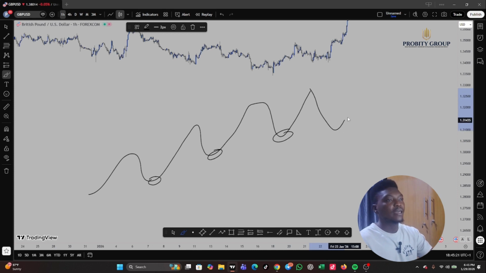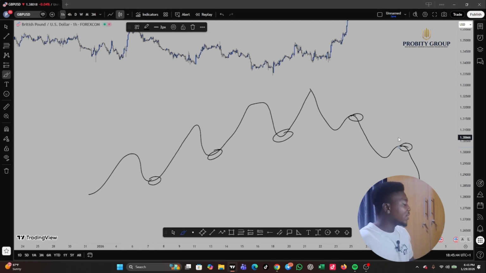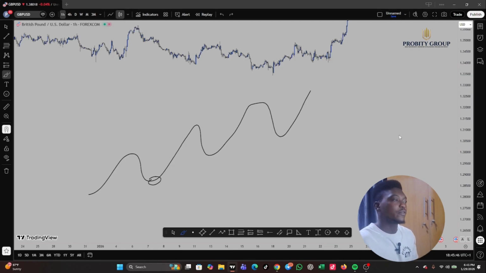Same way, if the market is moving in a downtrend, how do we catch this ongoing trend at the highs? That is where we have the work of Fibonacci.